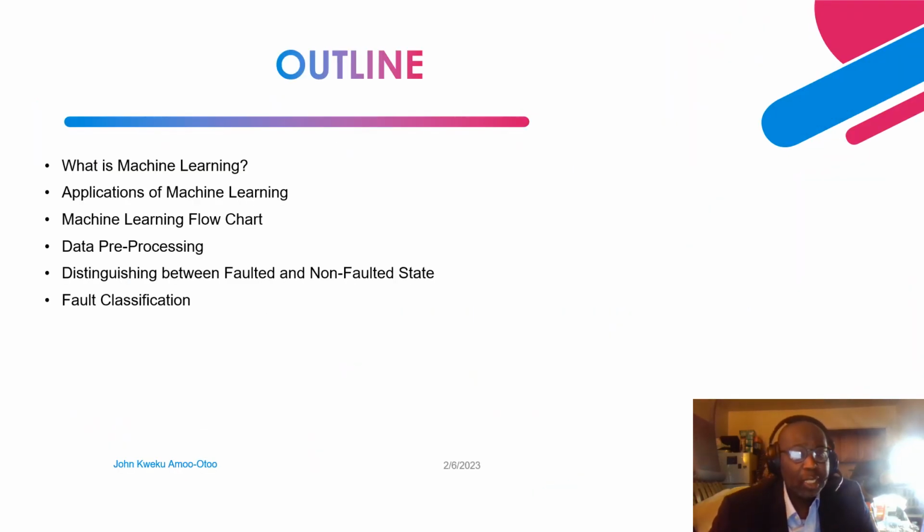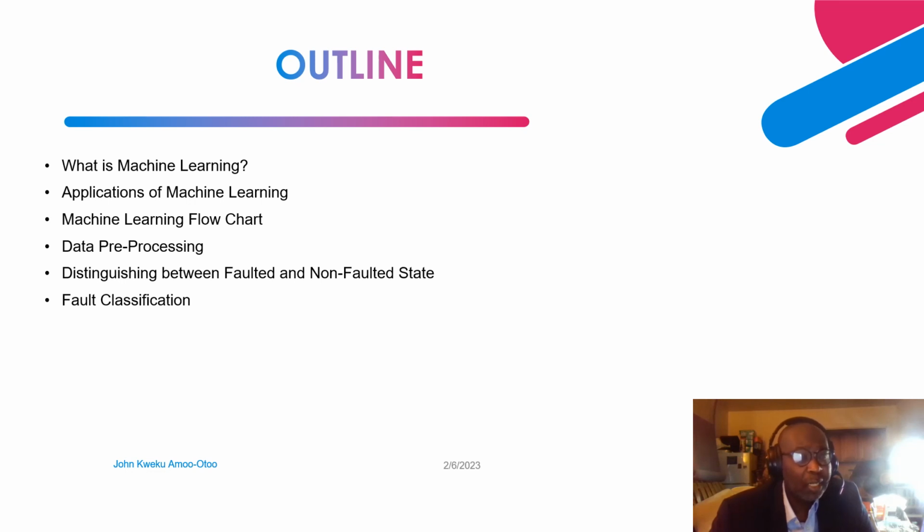Next is my outline for my presentation. The first item is a definition and description of what machine learning is, and we'll take a deep dive into applications of machine learning, which areas of industries, just to mention a few on the slide where machine learning can be applied.